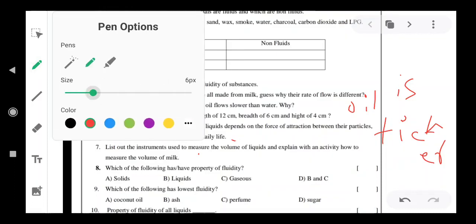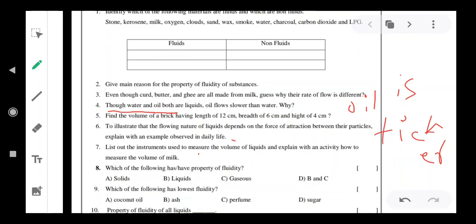Thicker means the particles have less free space than in water. That's why the oil is thicker than water, and that's why the water flows faster than oil.